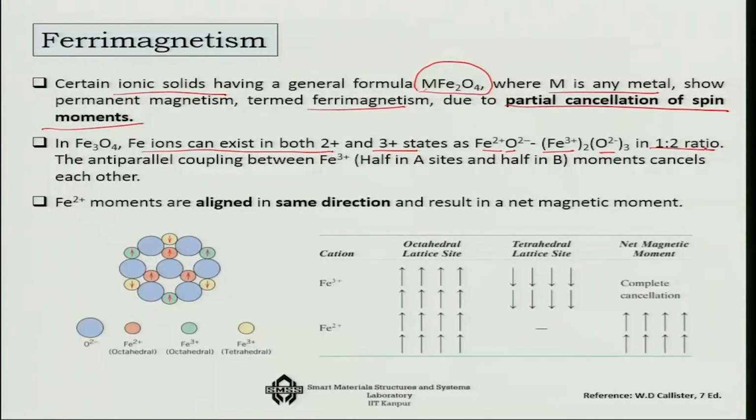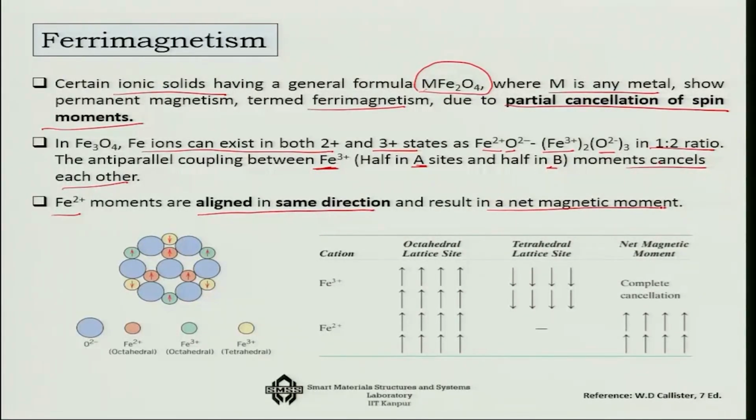The antiparallel coupling between the iron, half in A sites and half in B sites, means these moments will cancel each other. Fe2+ moments, on the other hand, are aligned in the same direction and result in a net magnetic moment.